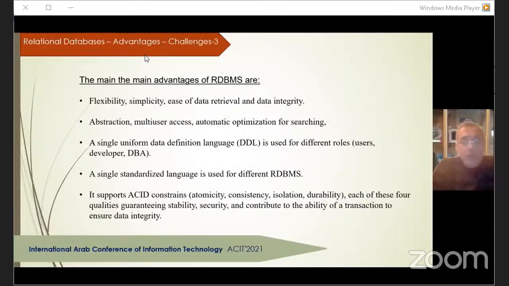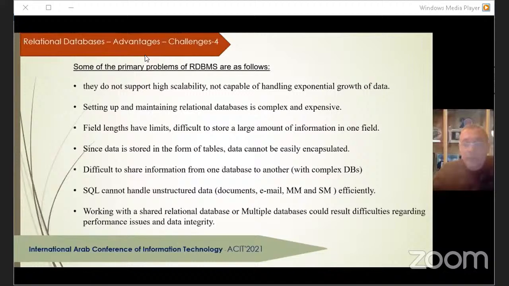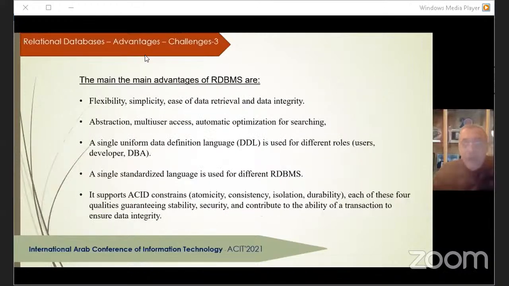The main advantages of relational databases could be summarized as the following: flexibility, simplicity, ease of data retrieval, and data integrity. Also, abstraction, multi-user access, and automatic optimizing for searching. A single uniform data definition is used for different roles.